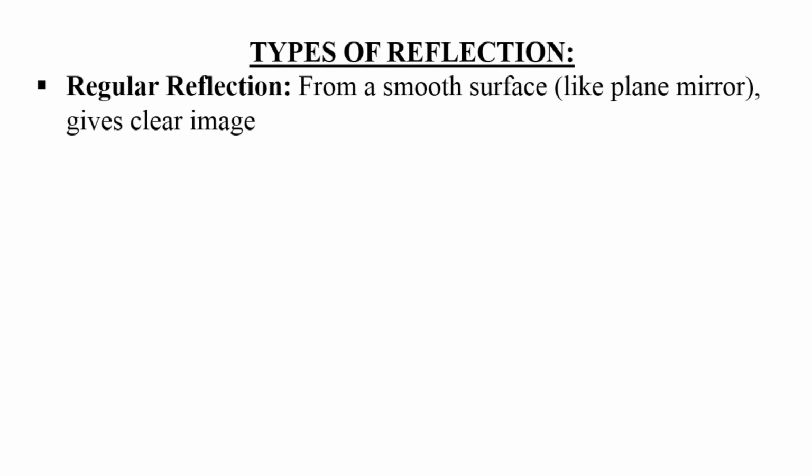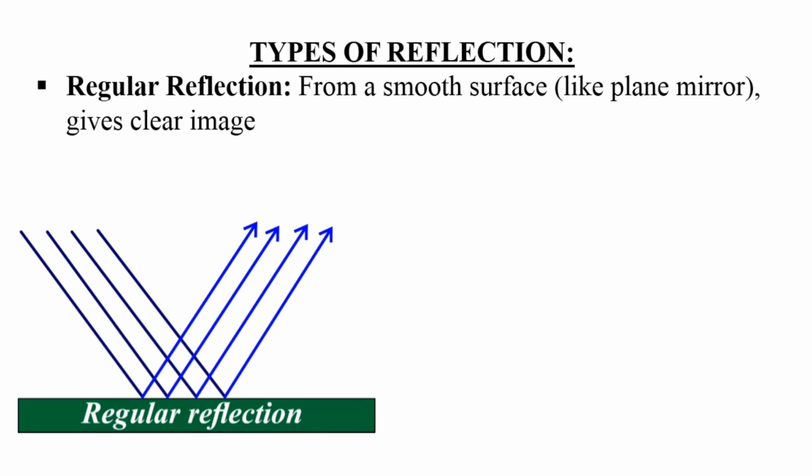So, these reflections happen in two ways: regular reflection and diffuse reflection. Regular reflection occurs when light reflects off a smooth surface like a plane mirror. The reflected rays are all parallel, so we get a clear and sharp image.